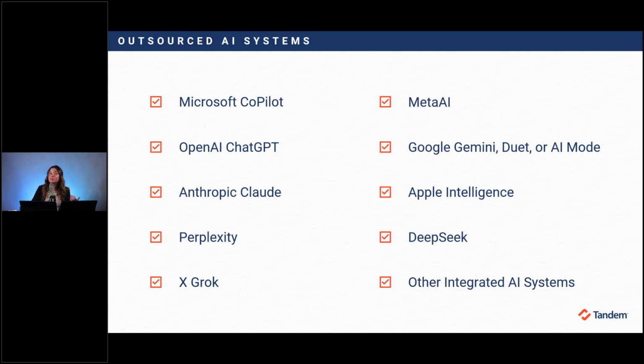And you might not even realize that it's a part of your daily workflows. We like to coin this term as shadow AI here at Tandem. So now, all of these, whether standalone or integrated, introduce unique risks. And the big question for your organization is, are these tools accounted for in your vendor management and security processes?